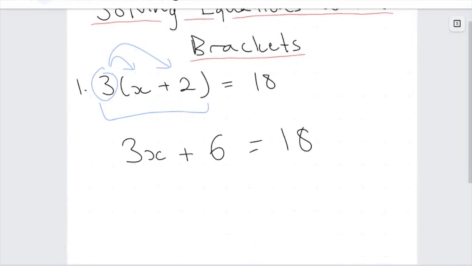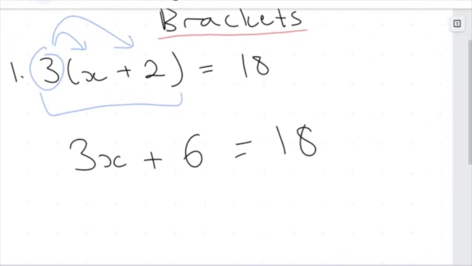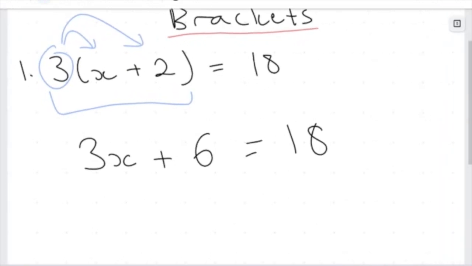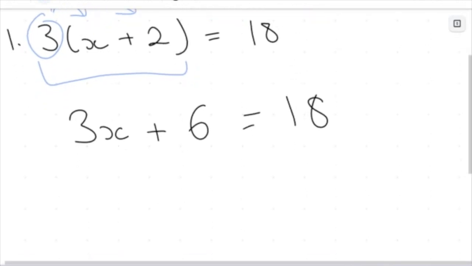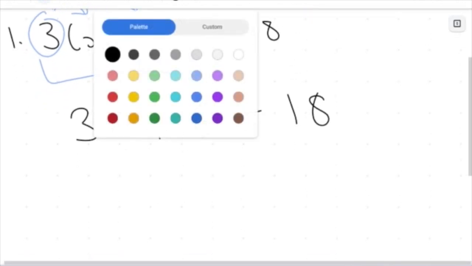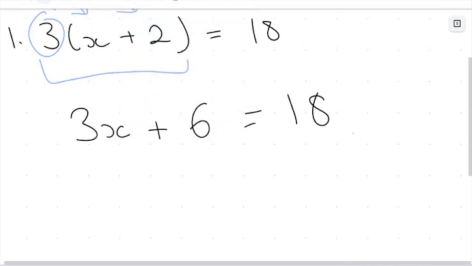Now, I'll go through this a little bit quicker because we've talked at length about how we solve equations systematically, but I'll approach it in the same way. Our next step here, we want to see what was done last to the x. So we multiplied it by 3, then we added 6.